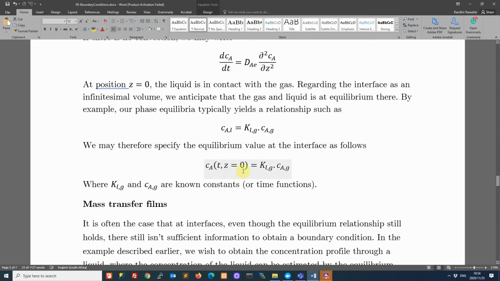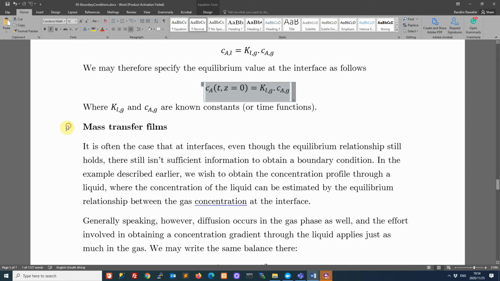And so here we accept that this is going to hold for all time. Right, whatever else is going on in this phase, it's being dominated at this point at least by this equilibrium. So there might be other things going on in this phase that cause the concentrations in that phase to change, but all of those other processes can't really compete with what's happening immediately with the neighbor to this phase. So it's likely that this condition is going to hold for all time.